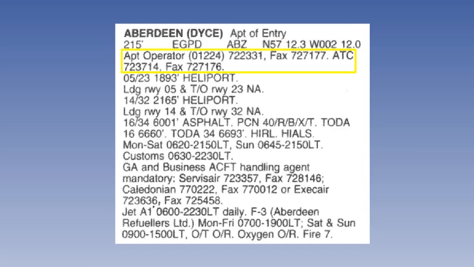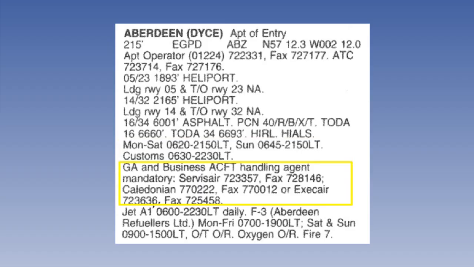The following two lines give the telephone and fax numbers of the airport operator and air traffic control. This is followed by the information concerning each runway, including runway length, type of surface, runway bearing strength and lighting. The airfield opening hours are Monday to Saturday, 06:20 to 21:50 local time, Sunday 06:45 to 21:50 local time, and customs are open from 06:30 to 22:30 local time.